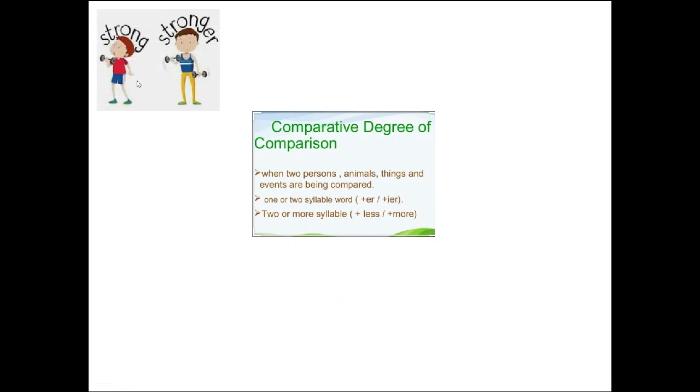Like here you can see this boy is strong, and if we compare between these two boys, this boy is stronger than this boy. Next, loud, louder. So what I am doing, I am adding er, and once I add er to the adjective, it becomes comparative degree of adjective.